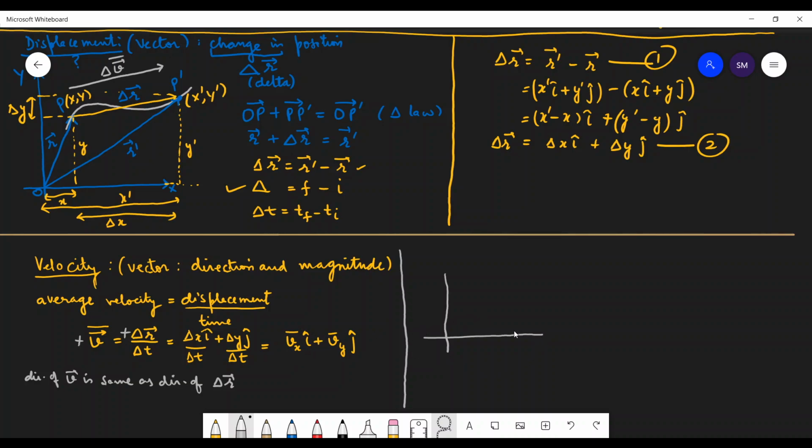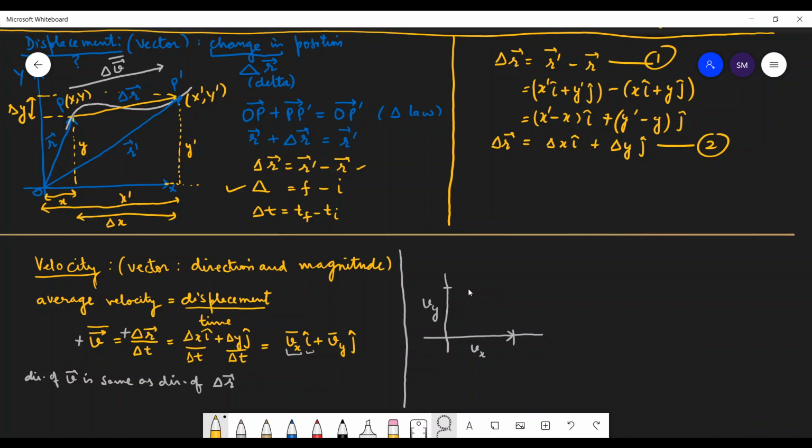This length is Vx, and this length is Vy. These are the magnitudes of the components, but I am interested in the velocity vector.